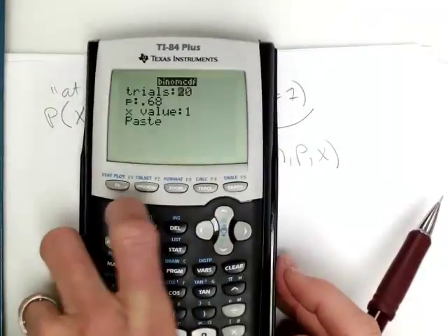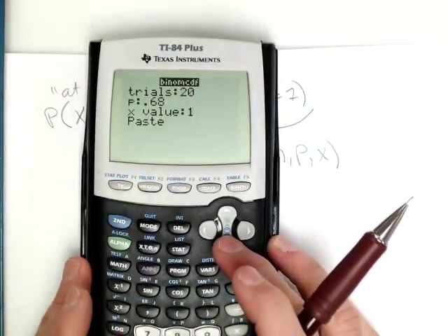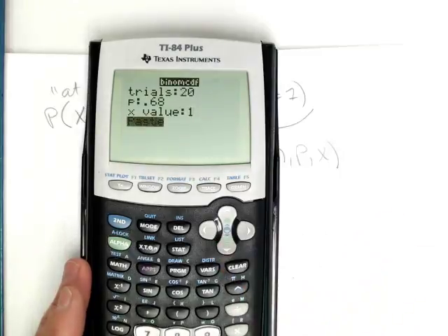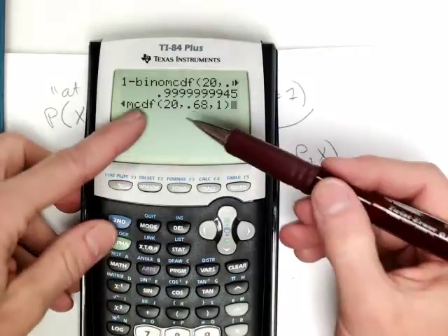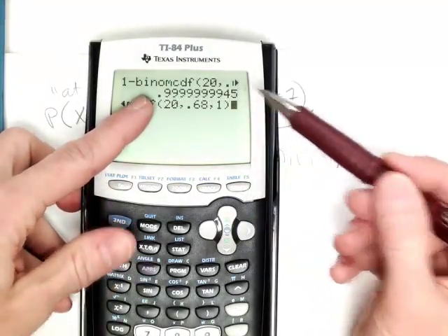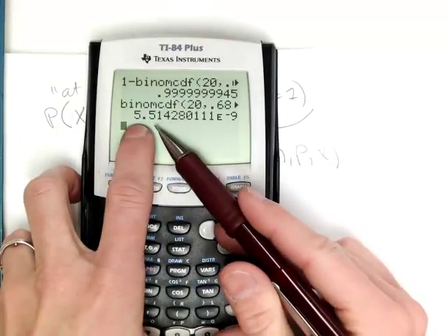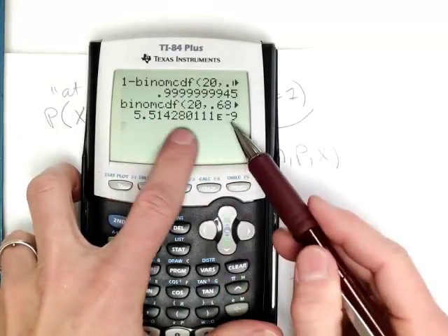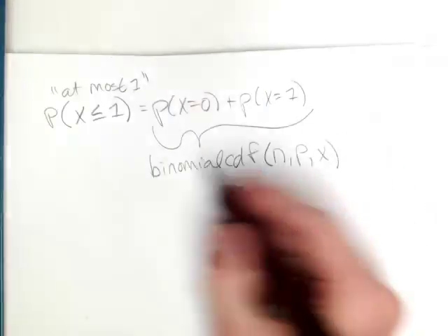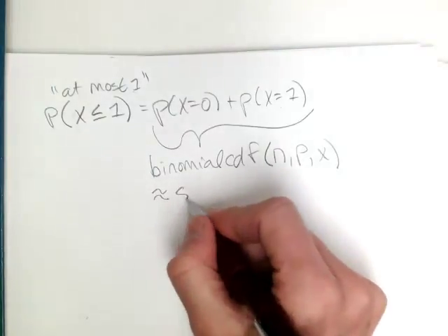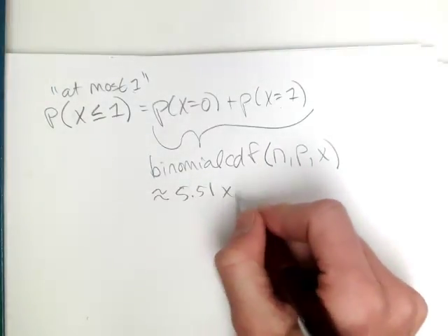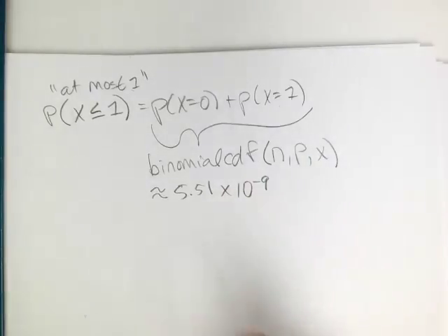Now I want to press enter. That's going to be a really small value, the complement to this thing up here, so I expect it to be really, really small. In fact it's about 5.51 times 10 to the negative 9.